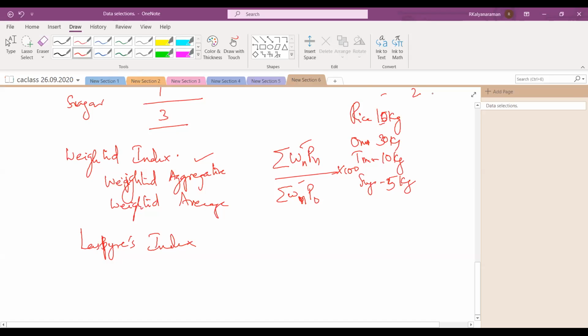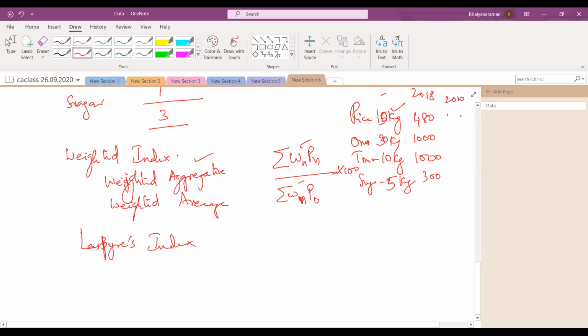The same 20 kg, 10 kg in 2018 might have cost me, say rice, 480 rupees. Onion, it might have cost me around 1000 rupees. Tomato, around 1000 rupees. Sugar around 300. In 2020, I am taking the same quantity.